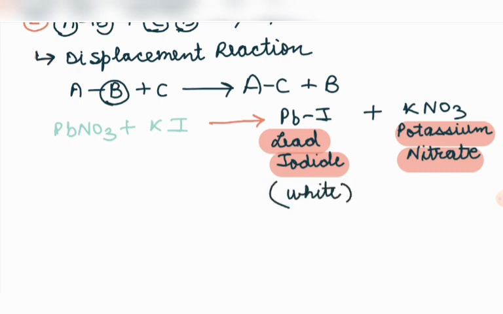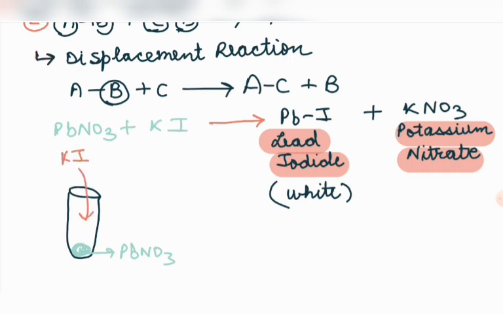So now what happens when you take this whole reaction in a test tube? When Pb(NO3)2 is taken in a test tube, we had one test tube here. In this test tube we already had Pb(NO3)2, and now what we did was that we added KI from above.